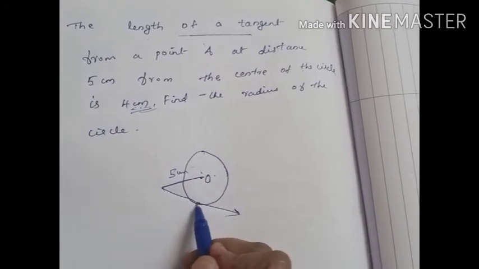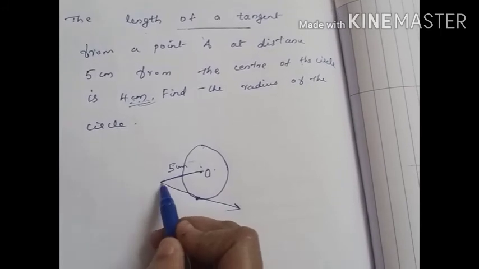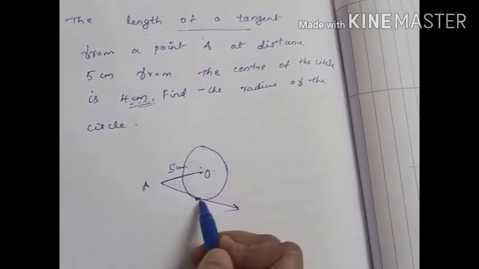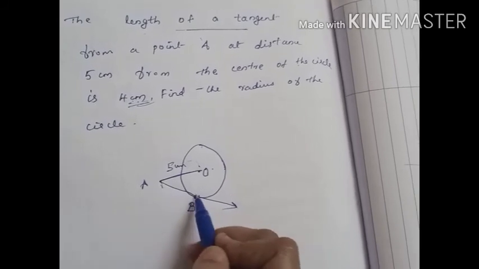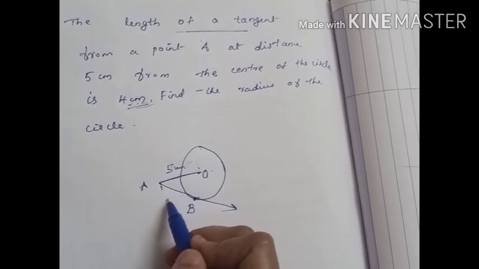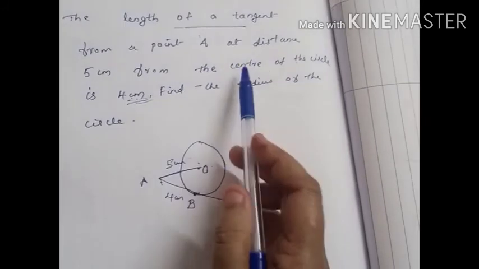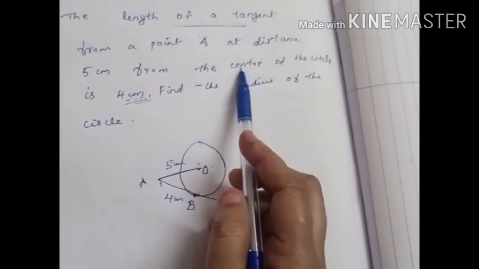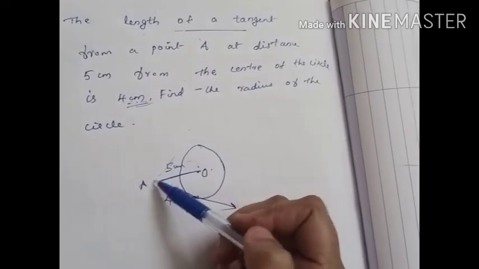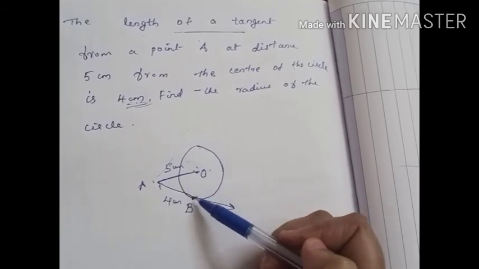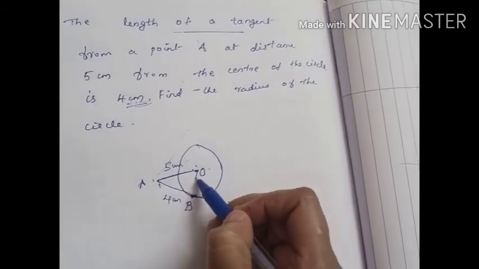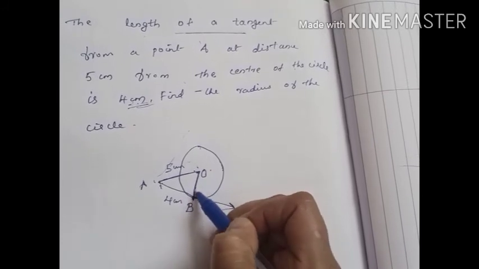This is the point of contact, and since the name is not given, we can call the tangent AB. So the length of the tangent AB is 4 centimeters, and the distance from the center to A is 5 centimeters. Then we have to find the radius OB.